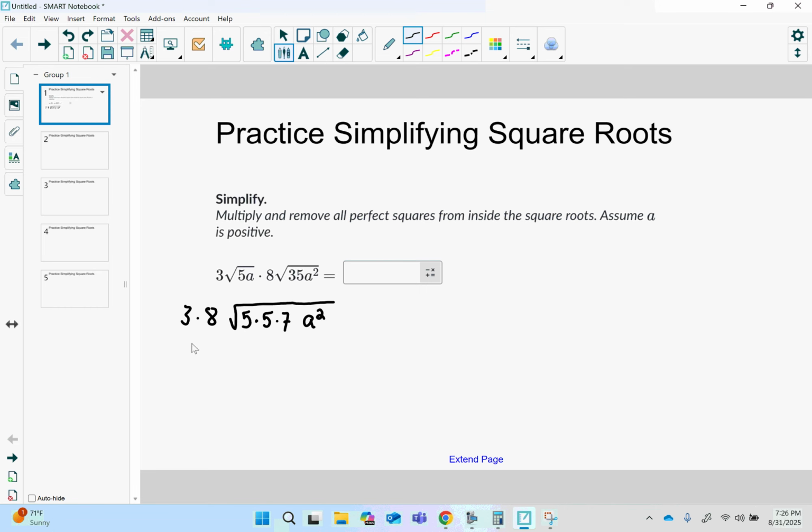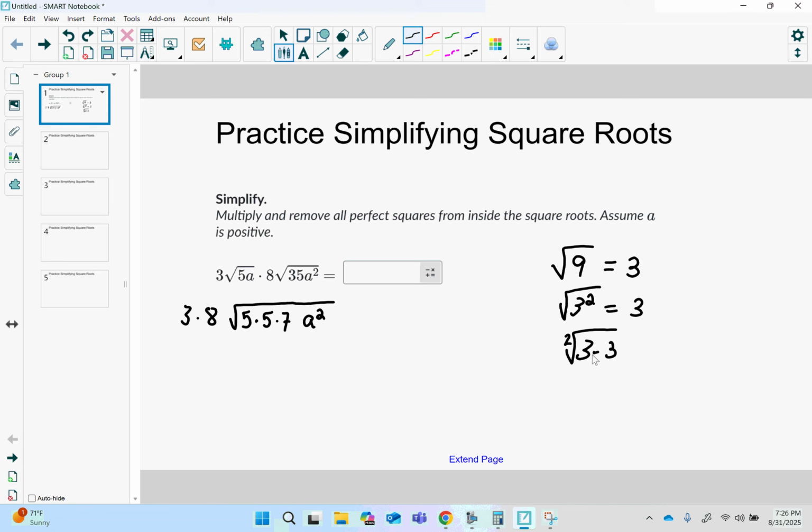Now anything that's squared under a square root can simplify out. Just like if we had the square root of 9, we could simplify that to 3. Or even if it was written as the square root of 3 squared, we could write that as 3. Or if we had it written out as the square root of 3 times 3, since the index here, which we don't see on a square root but is invisible, is 2.